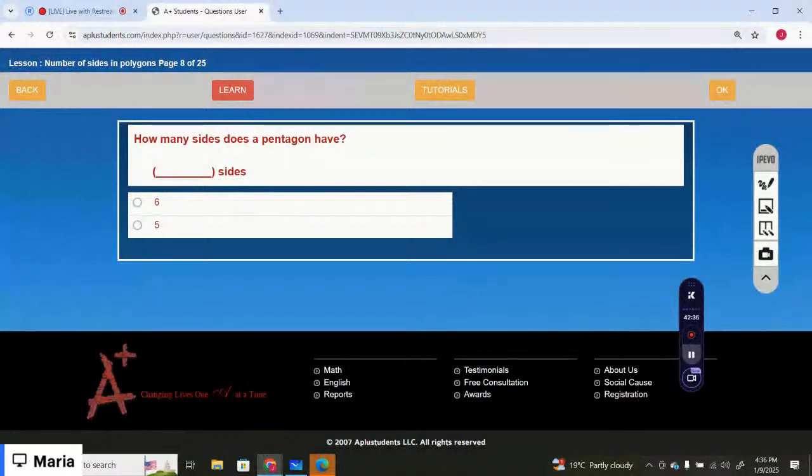How many sides does a pentagon have? That is five sides. A pentagon has five sides.